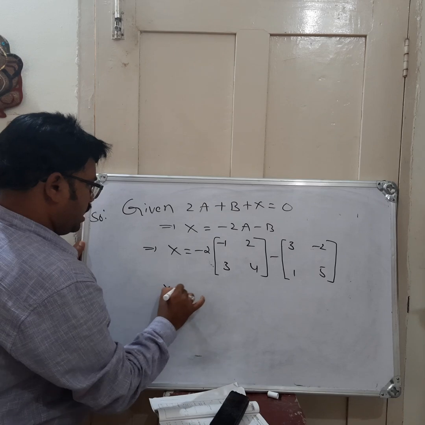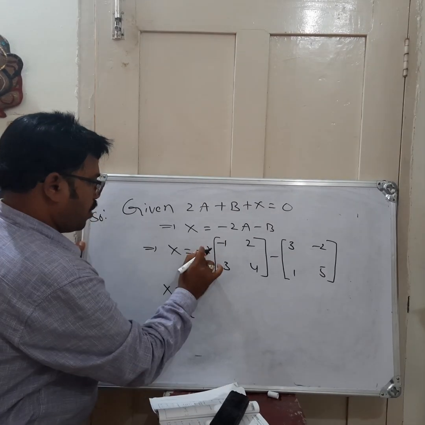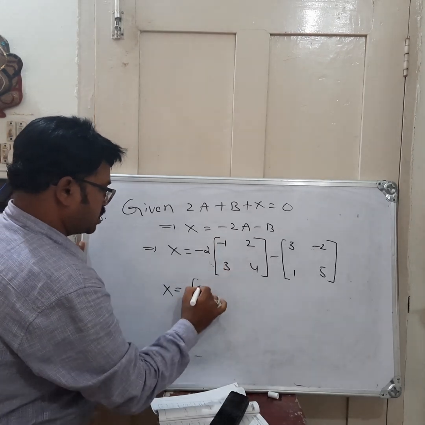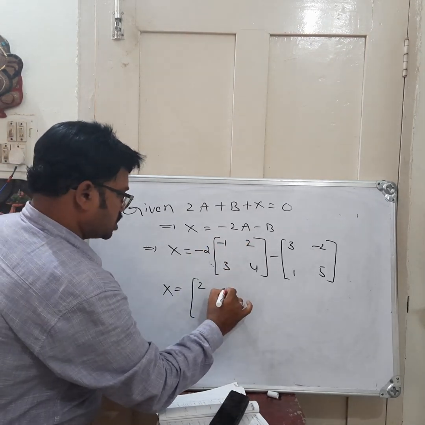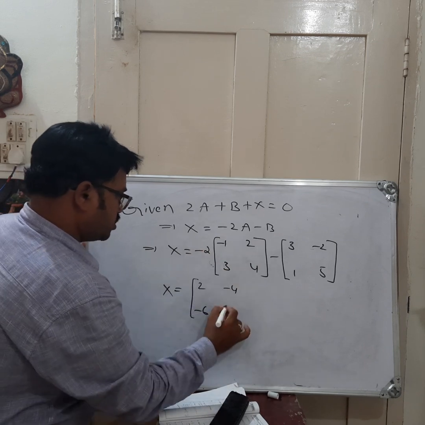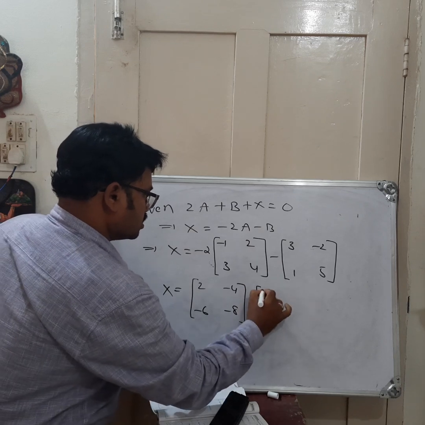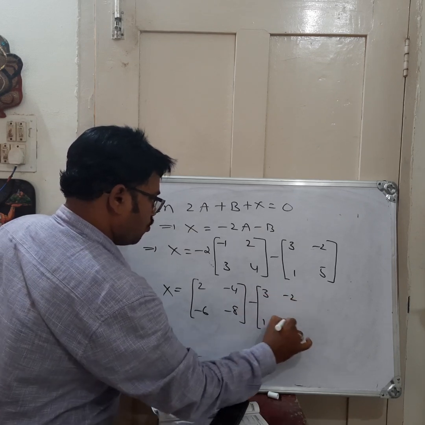See here, X equal to, multiply with minus 2 for this matrix first. Minus 2 into minus 1 is plus 2, minus 2 into 2 is minus 4, minus 2 into 3 is minus 6, minus 2 into 4 is minus 8, minus this matrix 3, minus 2, 1, 5.